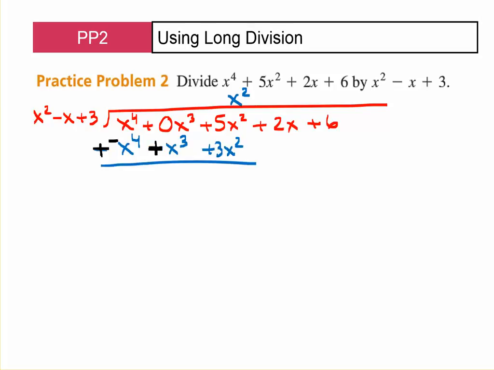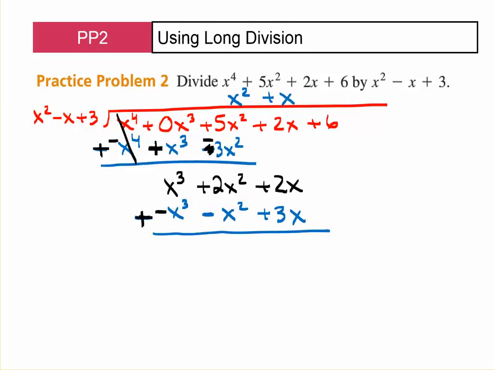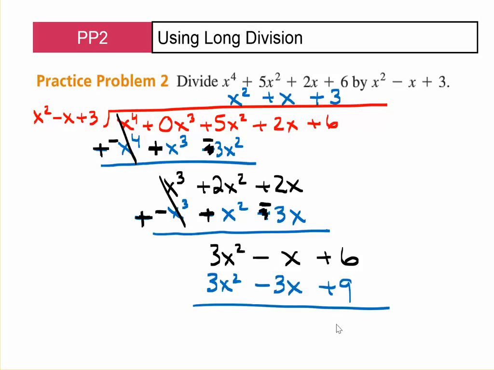Let me give you at least a little more of the answer here. Look up just to make sure you're on the right track. All right, and then again, x squared times 3 gives you 3x squared, so plus 3 at the end there as you multiply everything through by 3, and then subtract or add the opposites. You eventually wind up with that as the remainder.